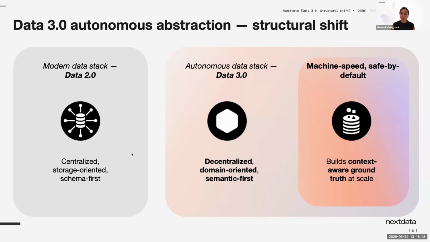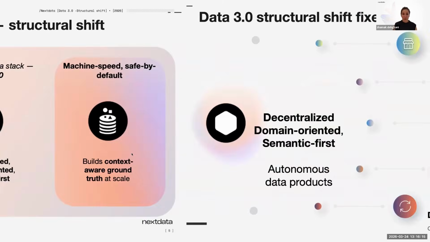Domain orientation matters because the language, the logic, the meaning is encoded in the language of the business, not in the language of the database and database normalization or denormalization. Semantic-first matters because semantics, instead of getting interpreted, are built in and evolving with the data. And that's when we can say, okay, we've got a ground truth for agents to take action.